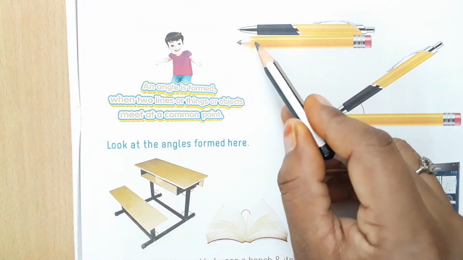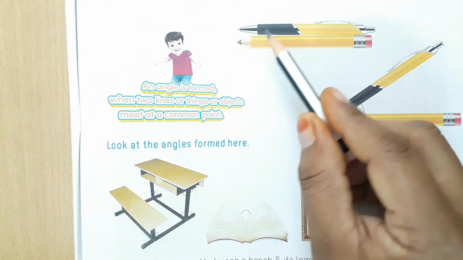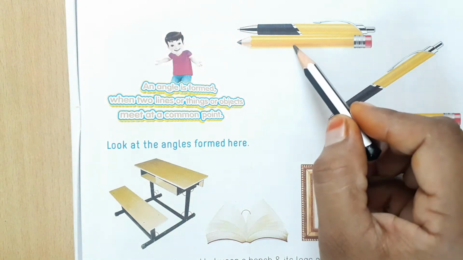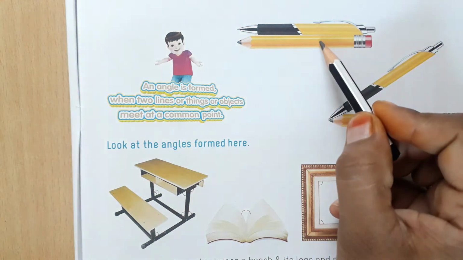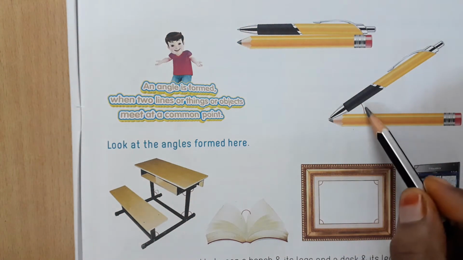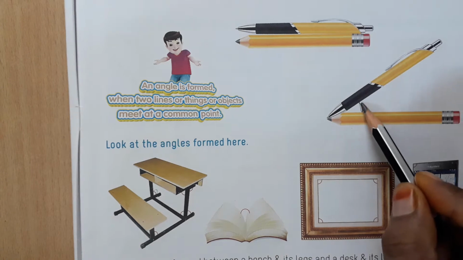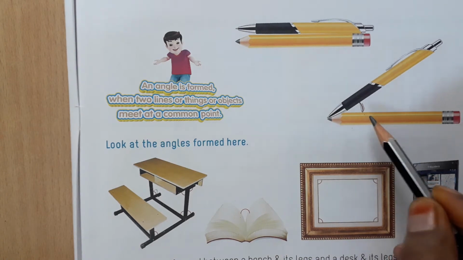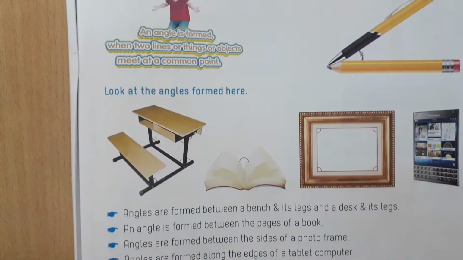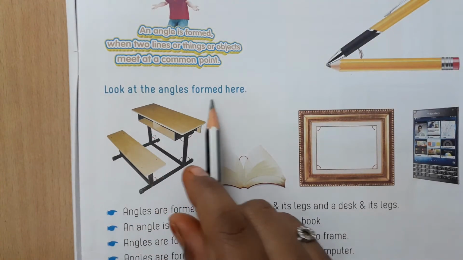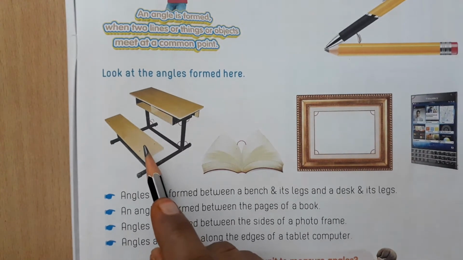Look here. These two, pen and pencil, are parallel to each other. So here no angle is forming. But here, some angle is formed. Look at the angles formed here.